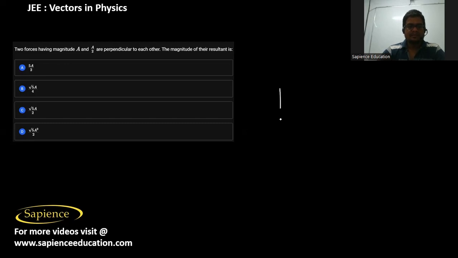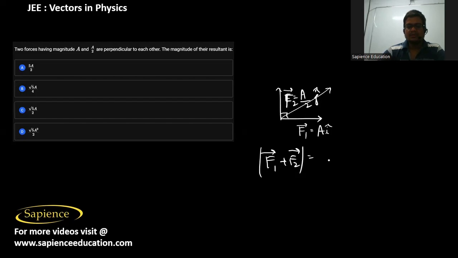Two forces having magnitude. So here, let's say one force F1 vector is A i cap, and F2 vector is A by 2 j cap. So they are perpendicular to each other. Then the magnitude of their resultant, so the magnitude of the F1 plus F2 vector that we have to find out. So it means we have to find the magnitude of A i cap plus A by 2 j cap.